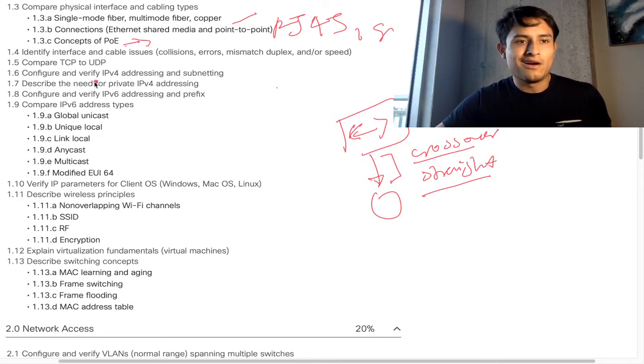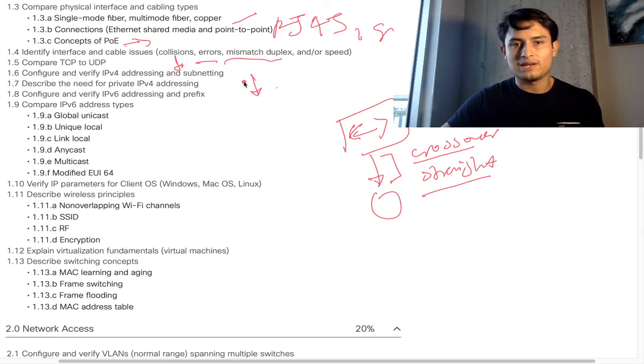Okay, now identify interface and cable issues, collisions. You have to know when you would see a collision in the network, what these errors look like, and when you would see a mismatch duplex. Mismatch duplex usually happens when you have different speeds on each end. Say you have a switch, and then here you have another switch, and on this end you have a gigabit port connected, and then here you have a Fast Ethernet.